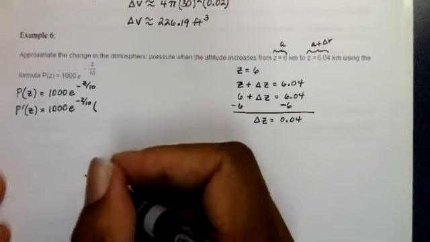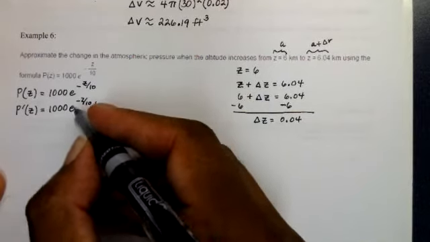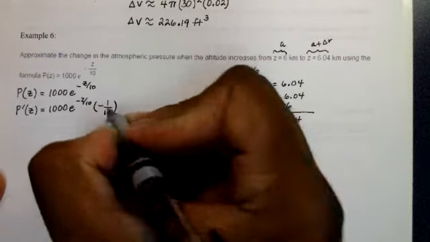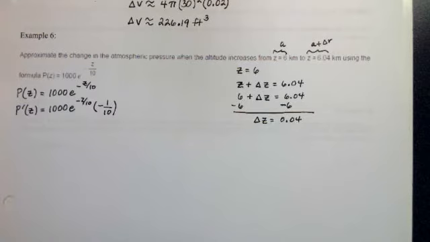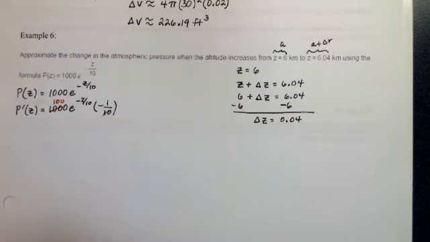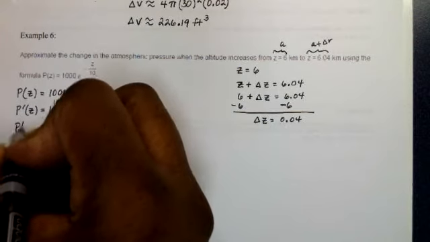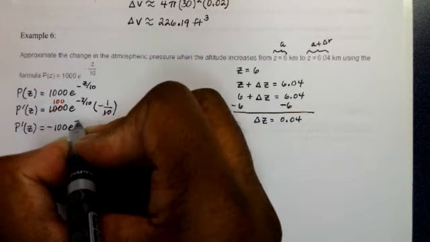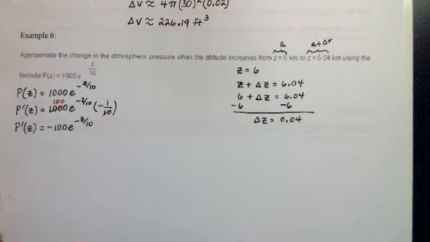But of course, we have to apply the chain rule to find the derivative of negative Z over 10, which is actually going to be negative 1/10, because that negative Z over 10 is like negative 1/10 times Z. You take its derivative, you'll end up with negative 1/10. And if I simplify this, that 10 goes into this 1,000 100 times. And then I got this negative, so P prime of Z is equal to negative 100 e to the negative Z over 10.